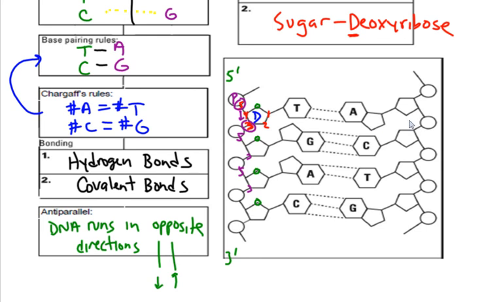When your oxygens are pointing down, anti-parallel tells us that we're operating in the opposite direction. So we are going in the 3 to 5 direction. If we do the same count, and we go from the O, 1, 2, 3, 4, 5, going clockwise, 3 is at the top, 5 is at the bottom, and that's why we are going 3 to 5.